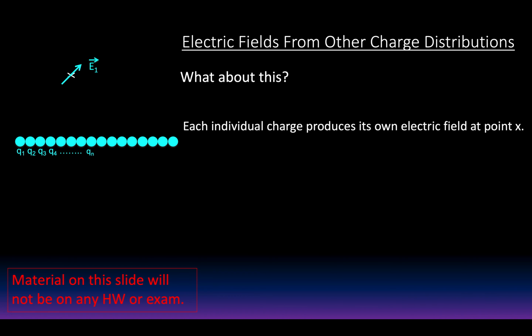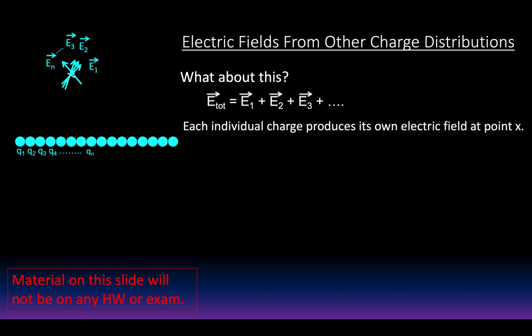So charge 1 will create electric field E1, charge 2 will create electric field E2, on and on and on until I have accounted for every charge in this infinitely long line of charges. I do realize Q1 is right here and Q1 is not infinitely far to the left, but just go with this picture.